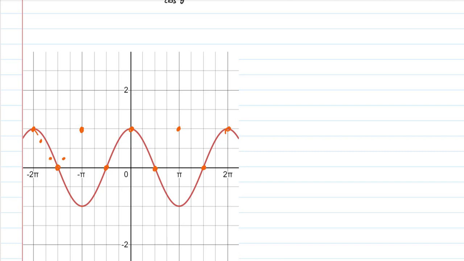So we get something that still is curved, but it's just a little bit more boxy. I'm going to draw it again. It'll still curve, it'll just be a little bit more boxy.